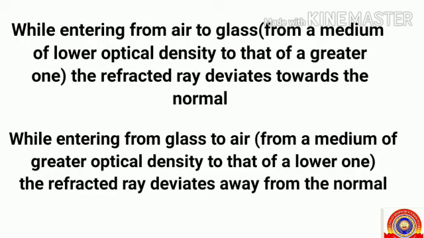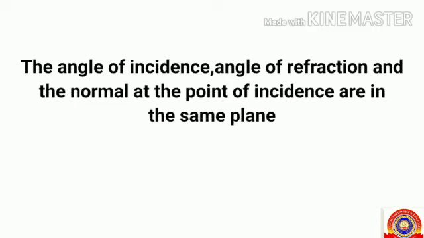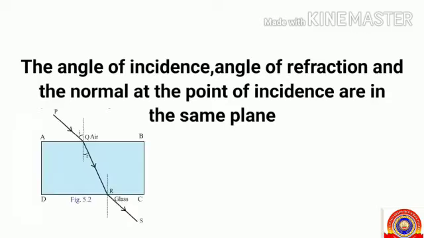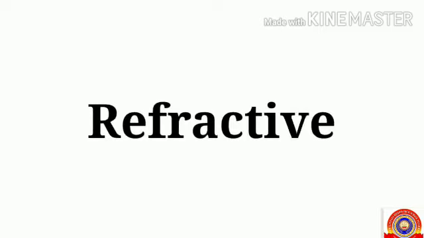And from this we can say that the glass has the greater optical density. And the third point, the angle of incidence, angle of refraction and the normal at the point of incidence are in the same plane, that we already see in this figure.